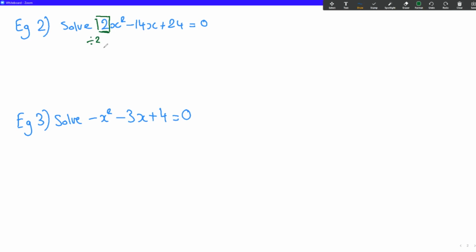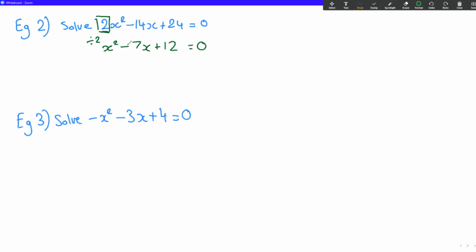So 2x squared goes to x squared. Minus 14x goes to minus 7x. 24 goes to 12. And because 0 divided by 2 is just 0, that stays the same. Remember though, you have to divide every single term by 2. And you can only do this when you have an equation, so when it equals 0.